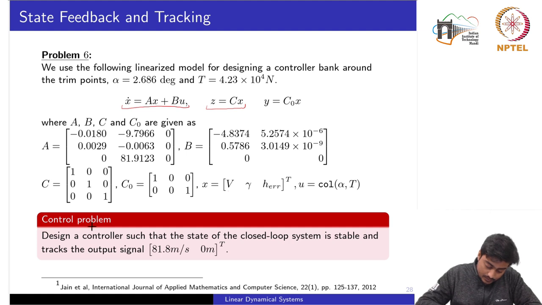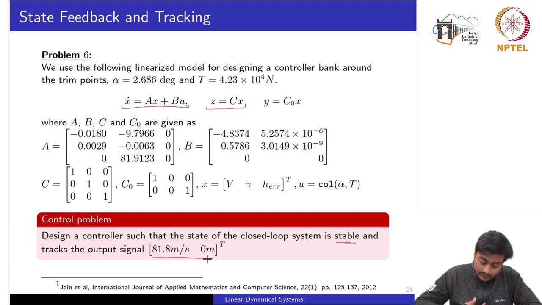So now the control problem becomes that we want to design a controller such that the state of the closed loop system is stable. This is the first objective, and tracks the output signal given by this. Okay, so we have two objectives, the stability of the closed loop system, and another we want to track it.